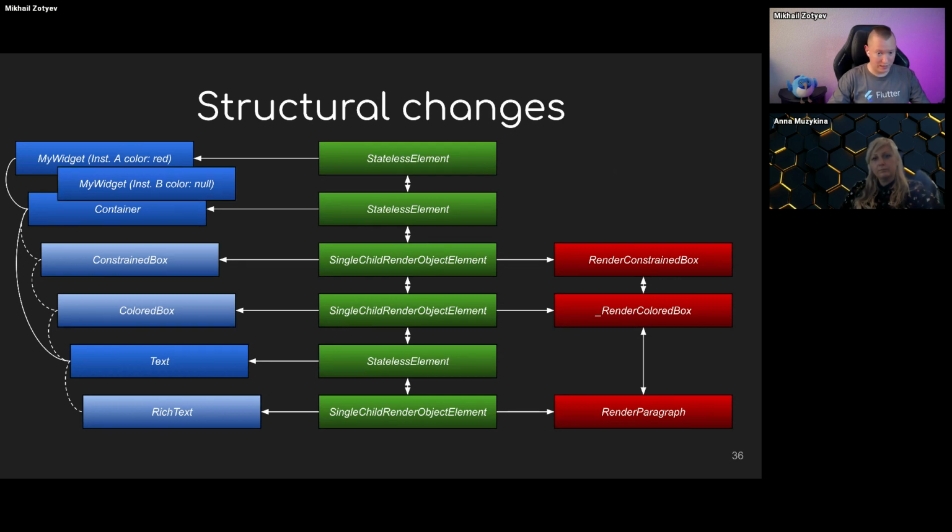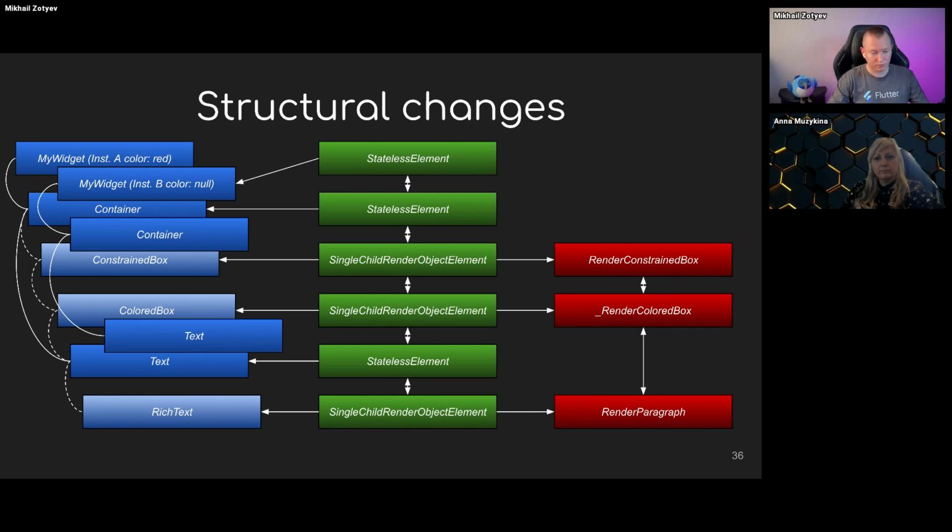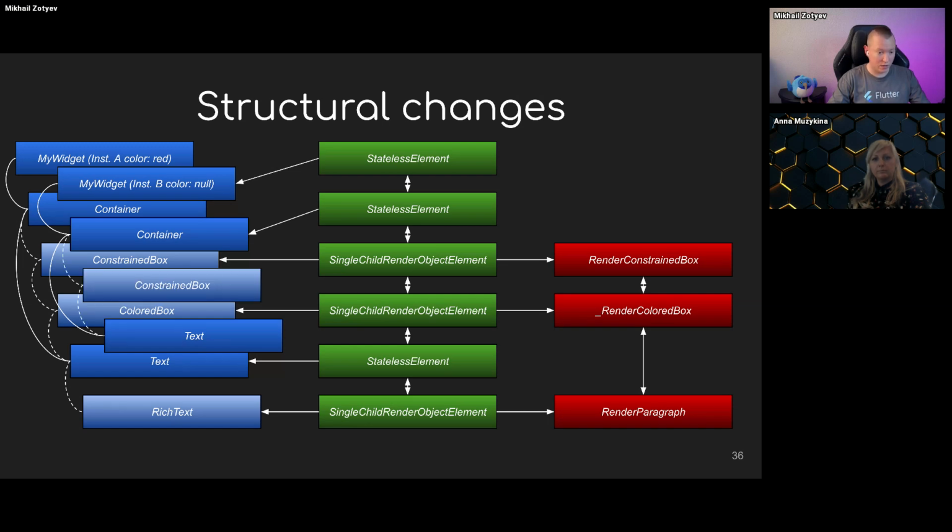So what happened there? As previously, we are just checking, is it possible to update? Yes, the same type of widget, so we build the subtree and check the next node. Stateless element, Container can be updated, and build the subtree. After this, we're checking this part: single child render object element, ConstrainedBox and ConstrainedBox.